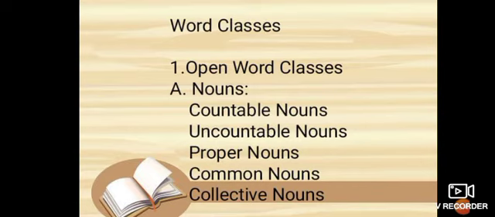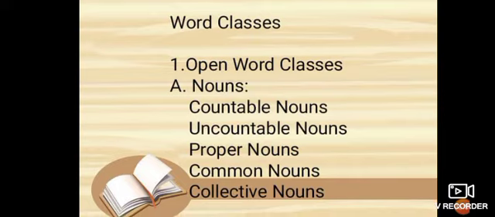Third, proper nouns. A proper noun is the name of some particular person, some particular place, and some particular thing also. It has no plural form and no determiners. It is written with a capital letter at the beginning.